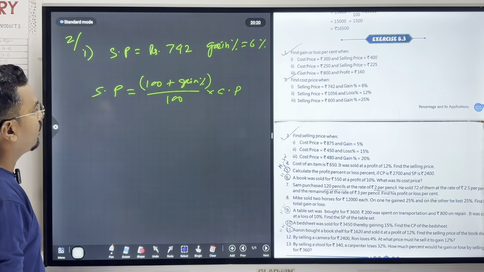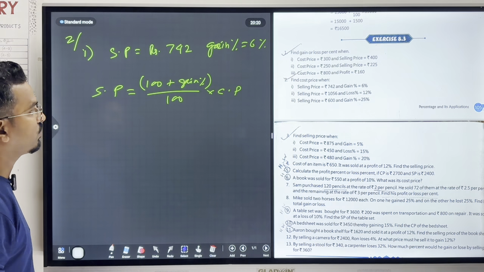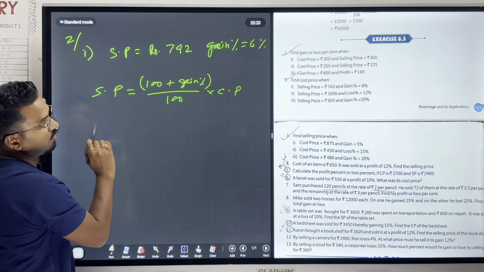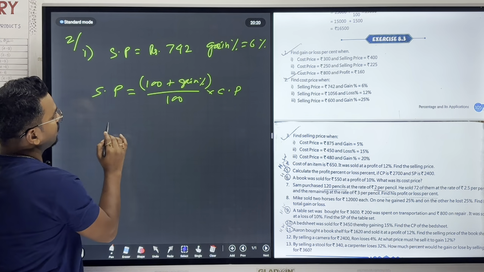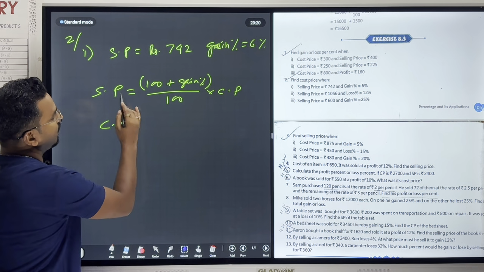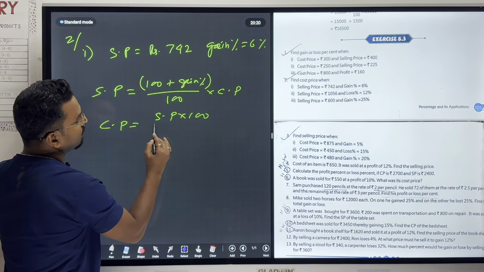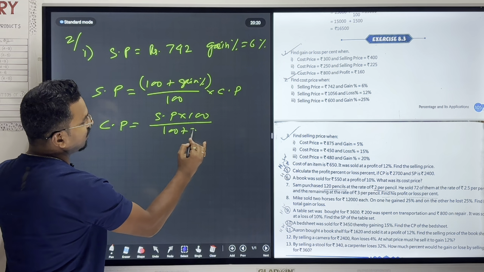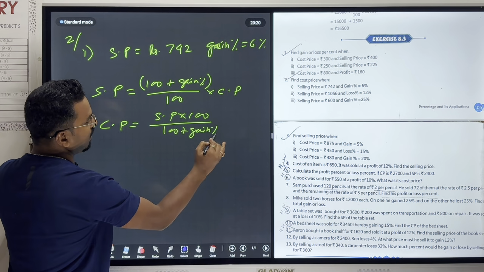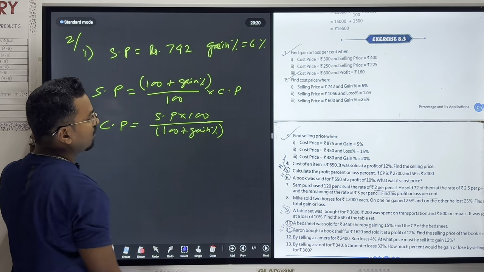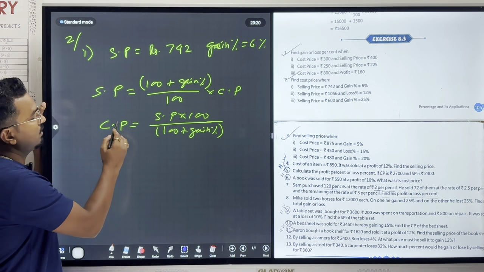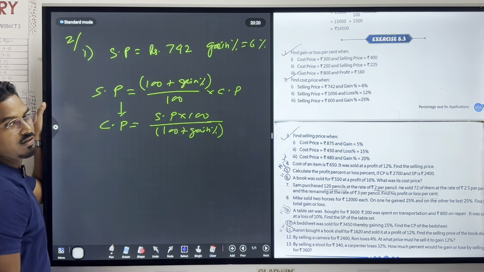So by applying this formula, you can directly find the cost price. Or else another formula we have: if you bring it to the other side, it will become SP into 100 divided by 100 plus gain percent. This is another formula for cost price. This formula we have derived from here itself.